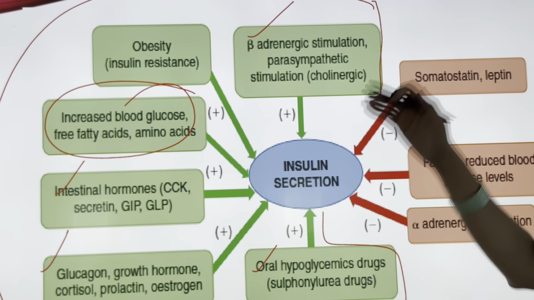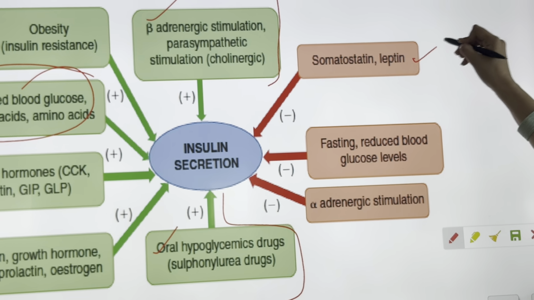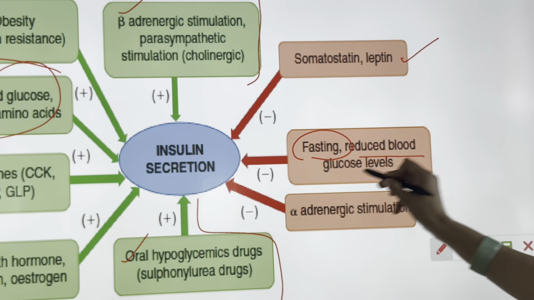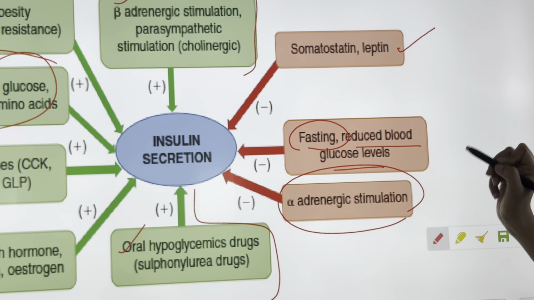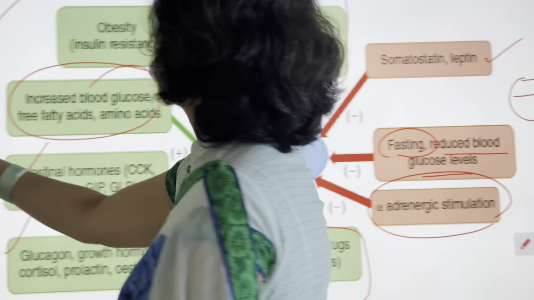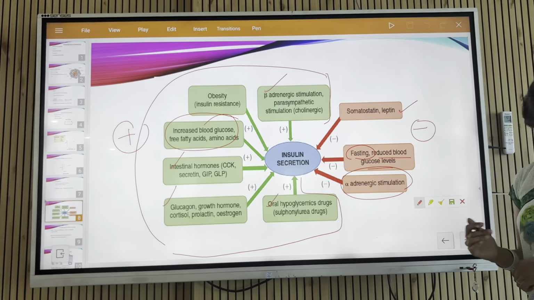These factors are going to stimulate the secretion of insulin. Whereas on the other side, somatostatin, leptin, conditions of fasting and alpha adrenergic stimulation decrease the level of insulin secretion. These are the positive factors, and here are the factors that negatively influence the secretion of insulin.